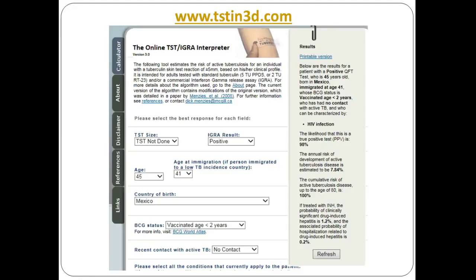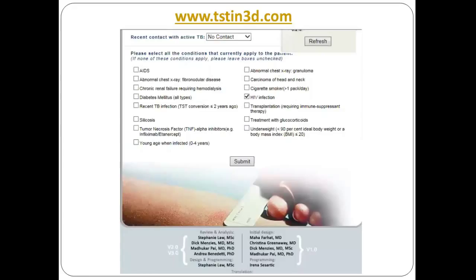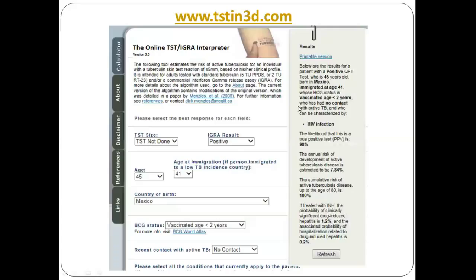And then there are some other risk factors that this will ask you for, like recent contact with active TB. And then there is somewhere where you can select that the patient is HIV infected. And then, as I was telling you, the nice thing about this is that it gives you some numbers.